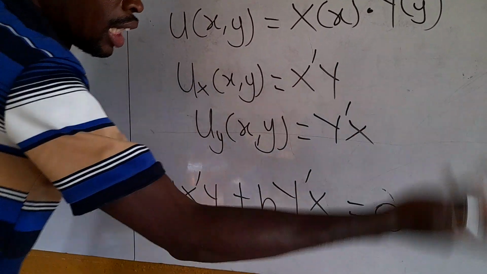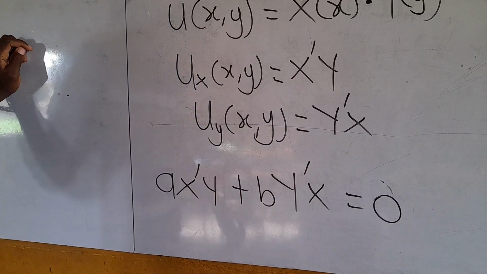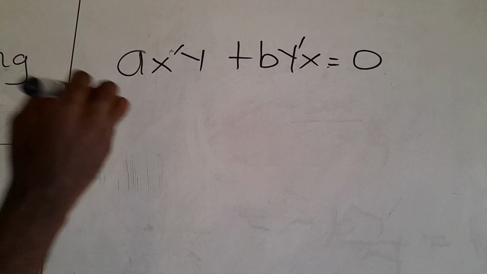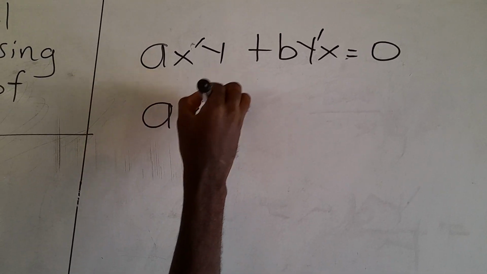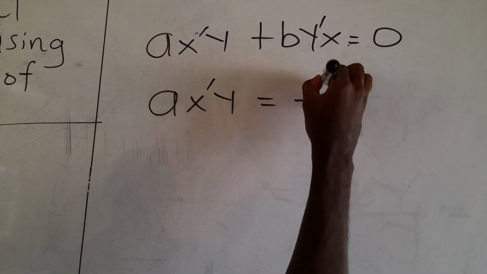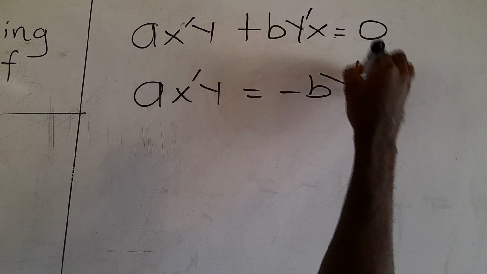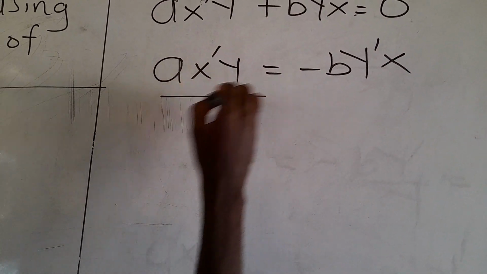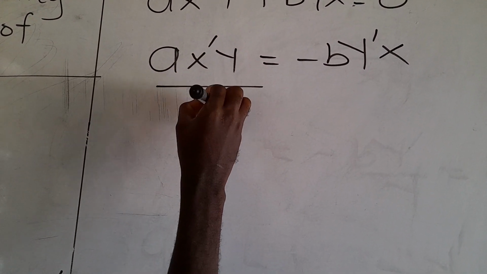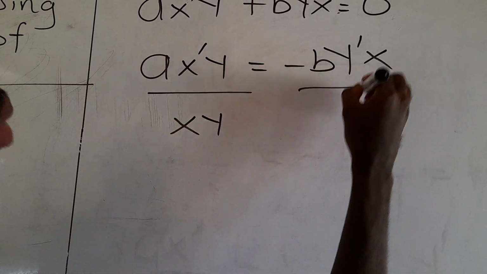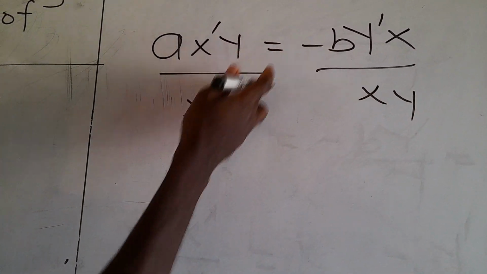So we can send this here and separate it. So let's see how we separate this. We have a X prime Y equal to negative b Y prime X. We divide both sides by XY. So this will divide that.